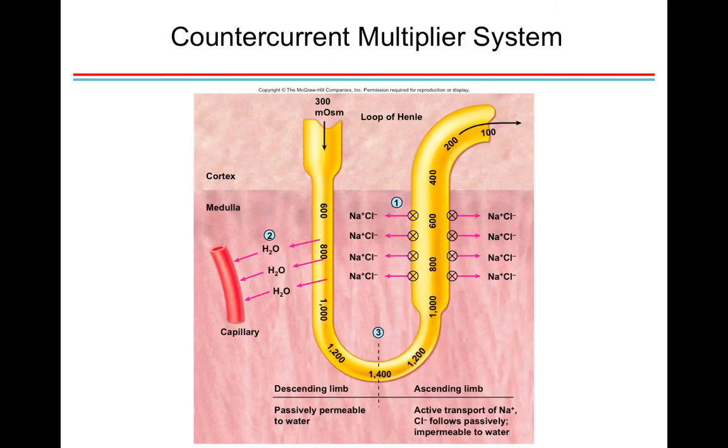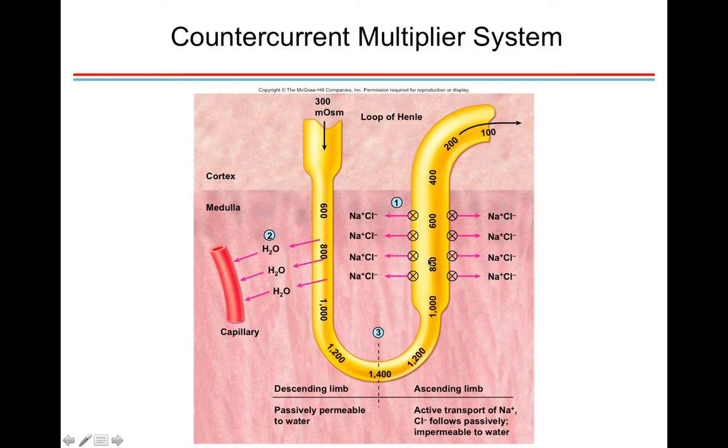And here's just looking at this picture again. It's a similar picture showing what we call the countercurrent multiplier system, because basically the water exiting leads to this effect of having a very high osmolality in the bottom of the loop of Henle.